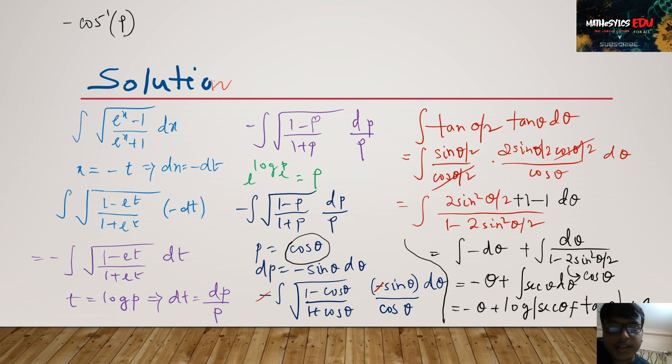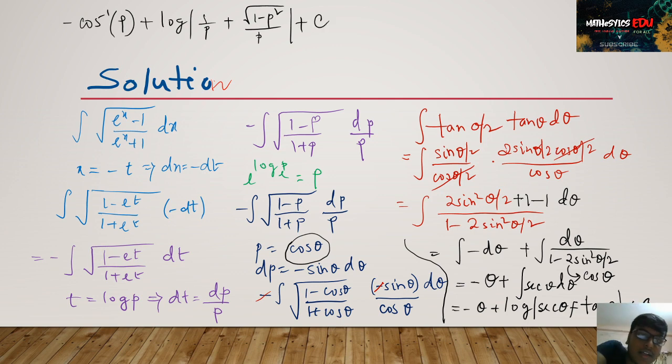In place of the minus theta I can write minus cos inverse p, and plus log sec theta. Sec theta is inverse of cos theta, so it will be 1 by p plus there will be a tan theta. Now what is tan theta? It is simply sin theta by cos theta. So there will be root over 1 minus p square divided by p. Okay, plus constant of integration.